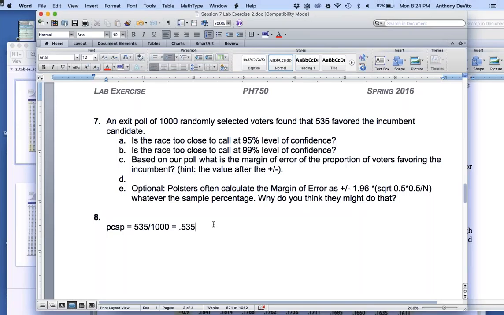When all million people vote, it's not going to come out to be exactly 53.5%. It could be lower or higher. We could get hit by lightning, and it could be exactly that. We don't know.